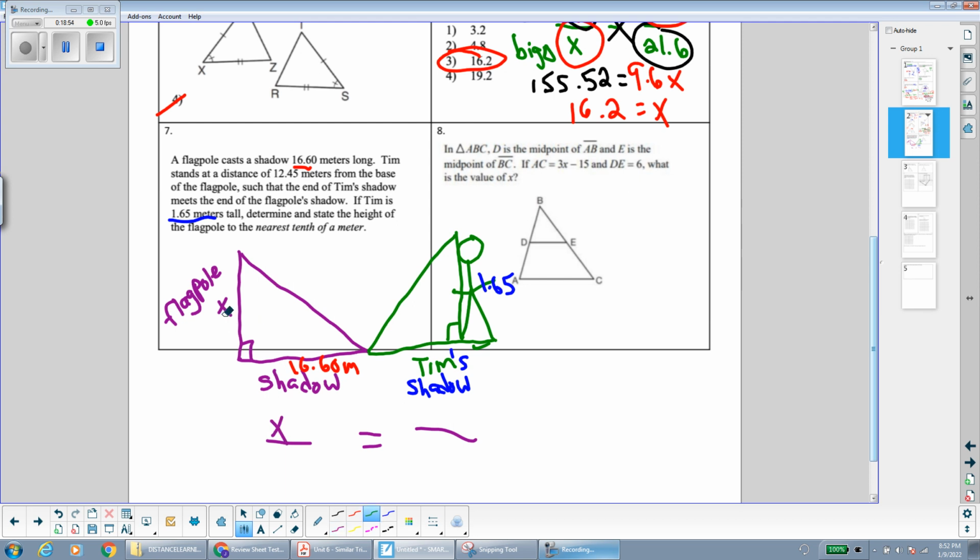And the corresponding side to this one on the green triangle would be Tim's height, which is 1.65 meters. Let me take 6.60, which is the length of the flagpole shadow from the purple triangle. And let me take on Tim's shadow over here.